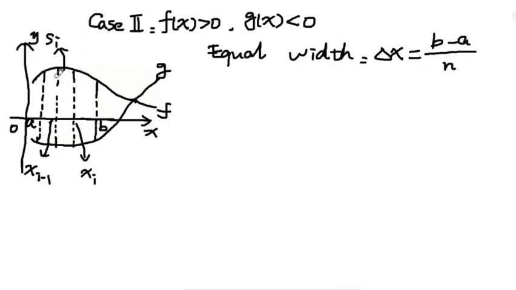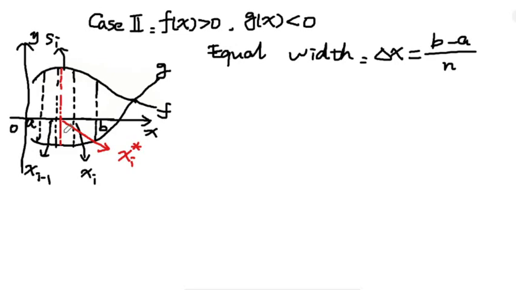Now let's check the approximating rectangle's area. Here, in the i-th subinterval from x_{i-1} to x_i, I can choose any value, x_i star. So this value gives x_i star on the x-axis, the sample point in the i-th subinterval.